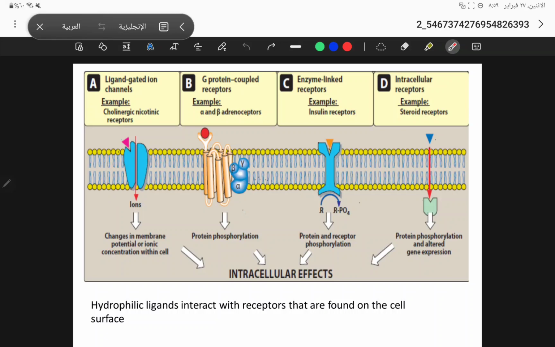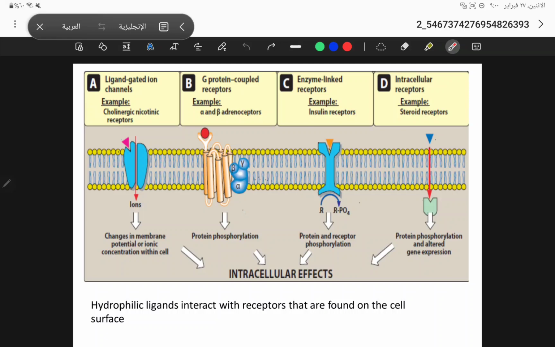Every channel of this type of receptor consists of 5 protein subunits arranged around a hole, and it permits the passage of a certain kind of ion, either cation or anion, according to the type of receptor.